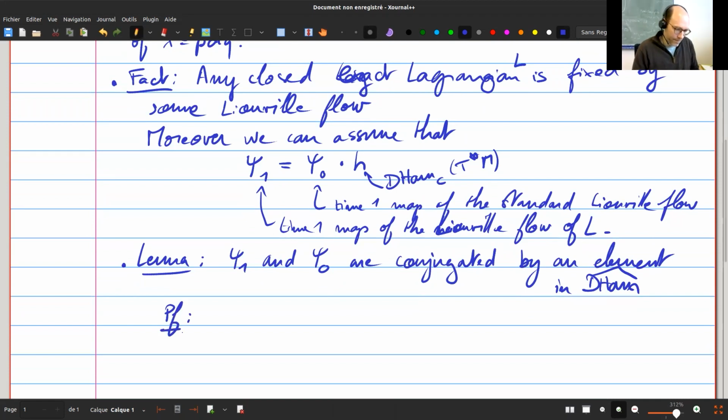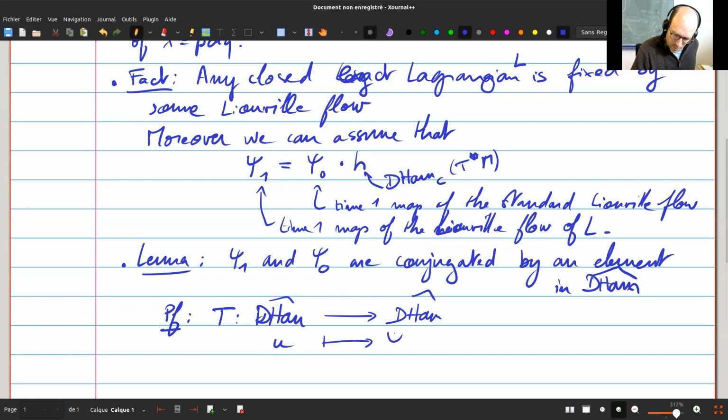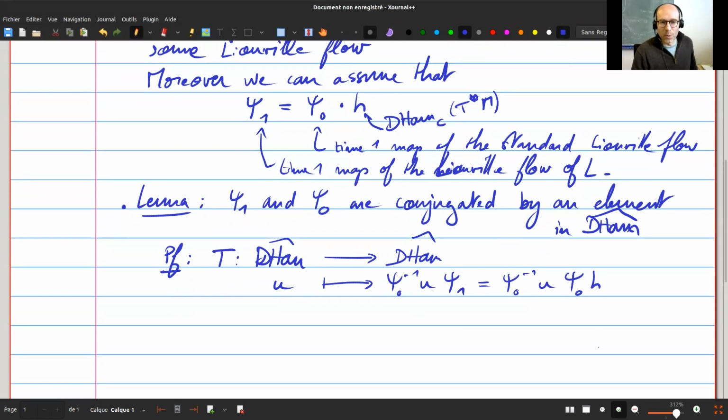Why is this lemma true? We just consider T, the map that goes from D ham to itself and takes an element U and associates to it psi 0 inverse U psi 1, which can also be written psi 0 inverse U psi 0 h. In fact, there's a property of gamma that tells you that this is a contraction.